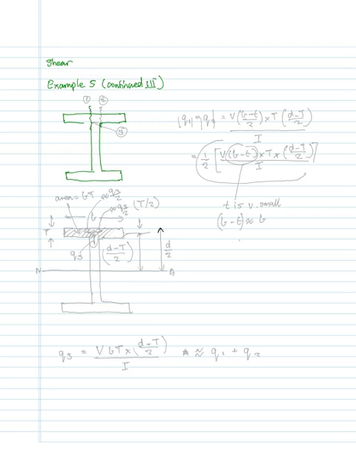Now we did a cut there, and we also assume that we did a cut there as well. So that would be the first cut, and that would be the second cut.